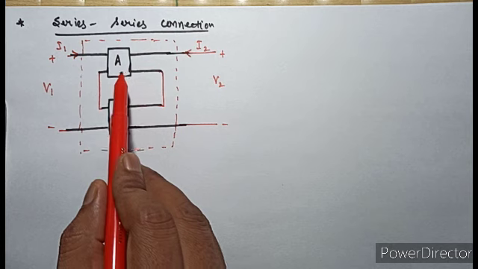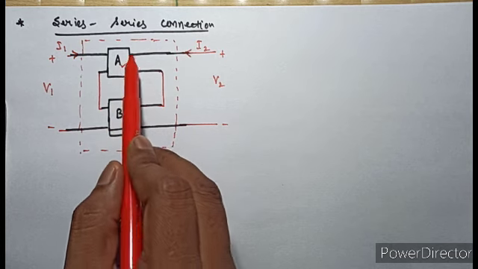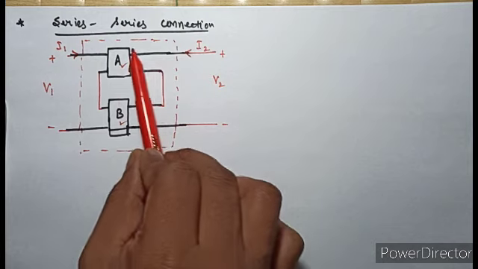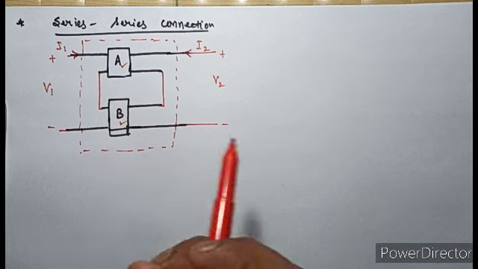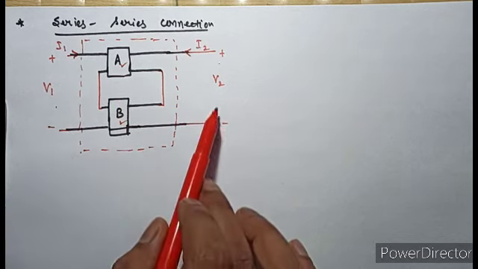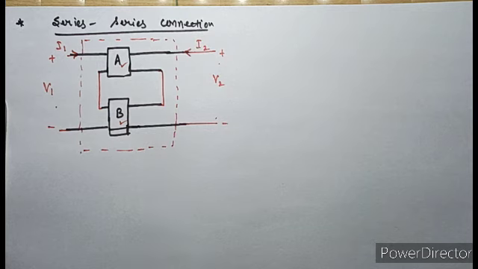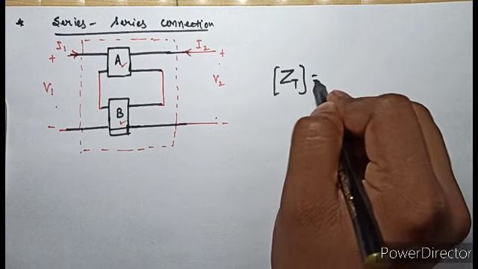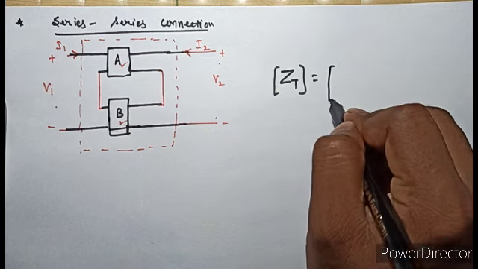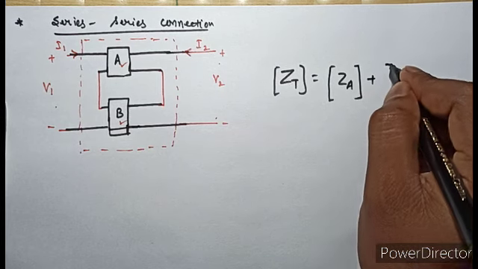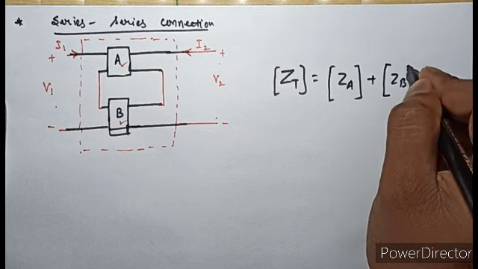Means these two-port networks individually had some parameter matrix and get connected in this fashion, then there will be a resultant two-port network like this, and that resultant two-port network will have the Z parameter like this. Means the Z parameter of A plus Z parameter of B.